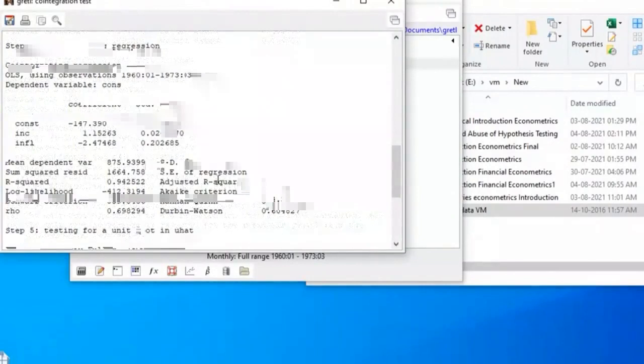Again remember, these days we do not go for the single equation residual-based test. So this is only for illustration. The test that is reported everywhere these days is the JJ test, Johansen-Juselius test. So I shall show you now how we do that.